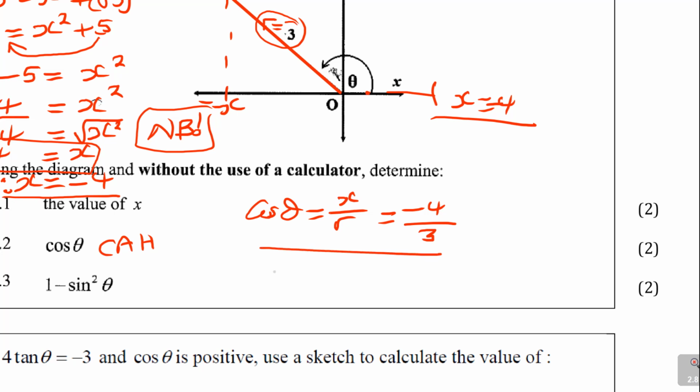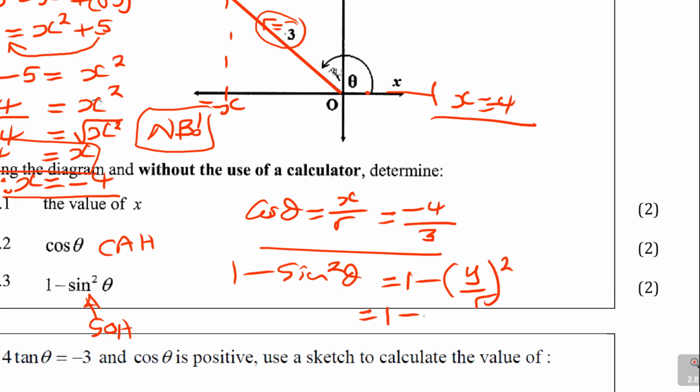See? And then 1 minus sine squared theta is equal to 1 minus, now sine is, then put a bracket. I told you squared, put a bracket. Sine is opposite, which is Y, over hypotenuse, which is R, like this. What is the Y value?